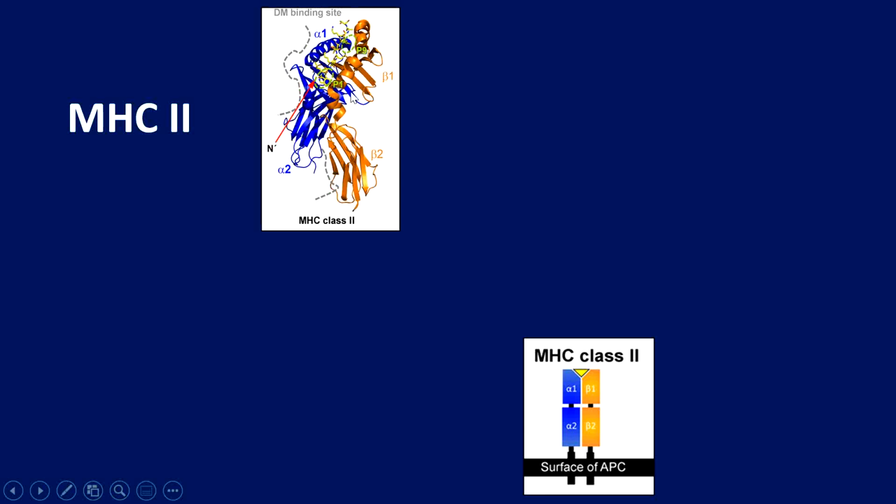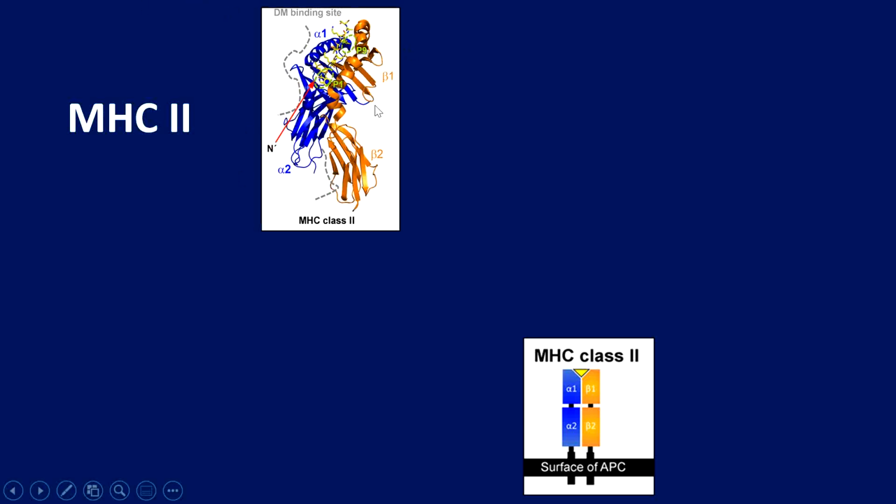Now if you consider the structural differences and how they affect the function of both of these MHC molecules, we can say that the major difference between them lies at the ends of their peptide binding cleft.